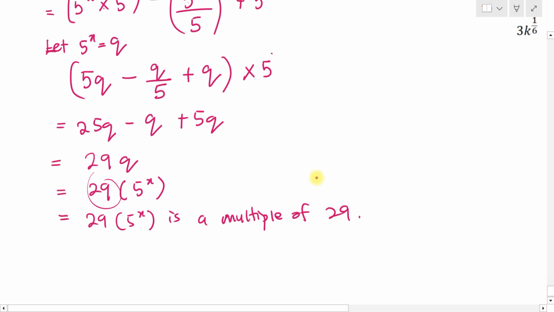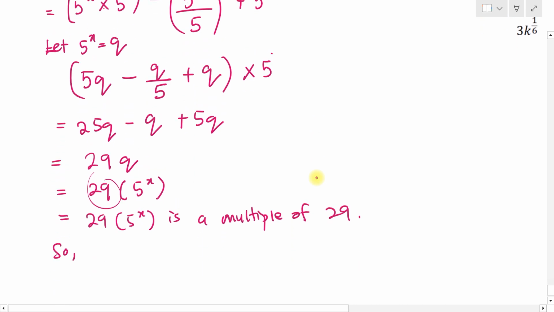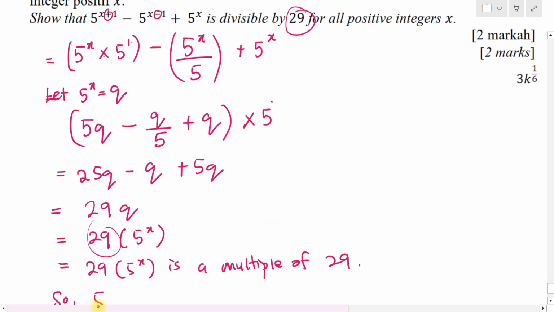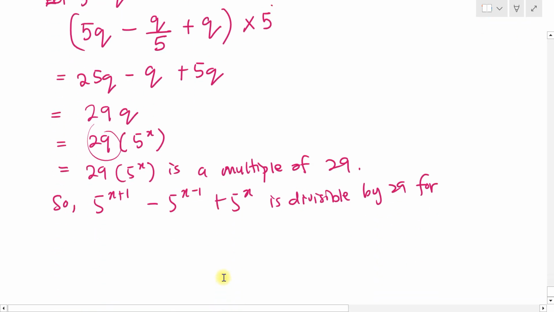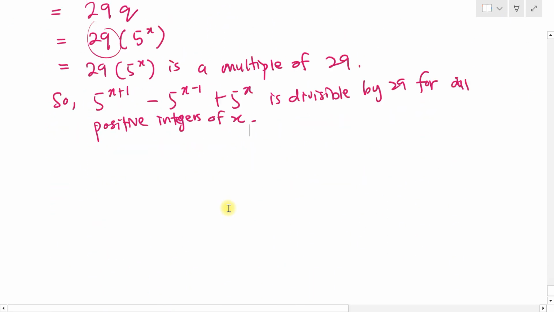So copy back the question, the whole equation. 5^(x+1) minus 5^(x-1) plus 5^x is divisible by 29 for all positive integers x. Okay, right. That's part B.